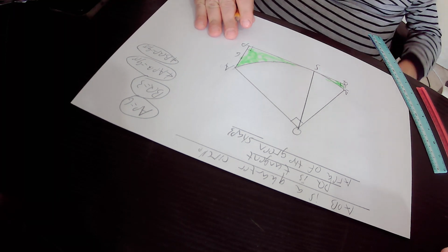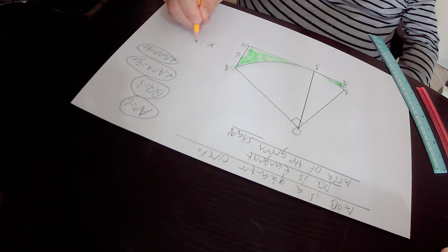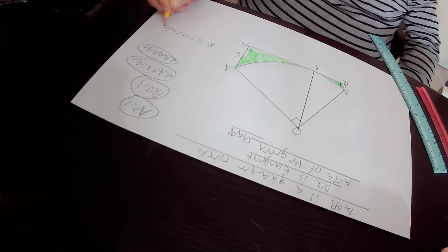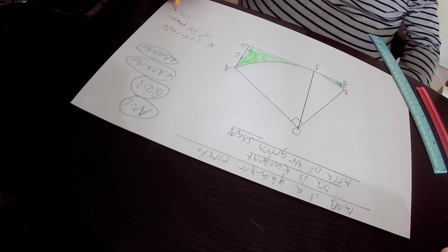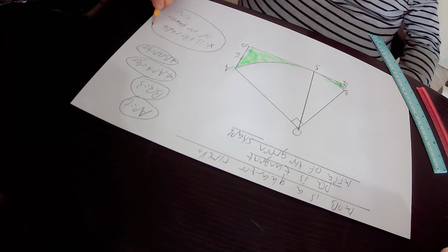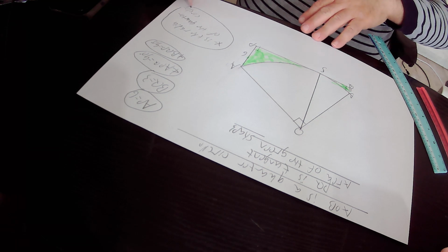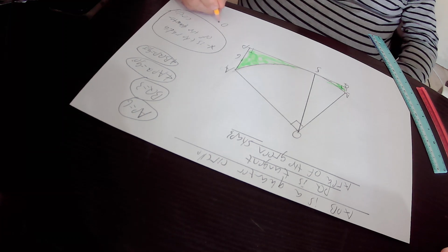So we define the radius of this quarter circle as x. Therefore, OS equals x, that is the radius of the quarter circle. So I write it down, OS equals x.